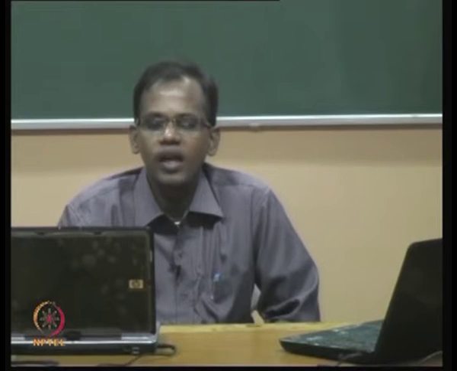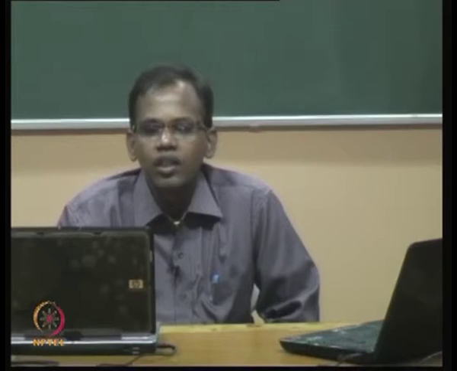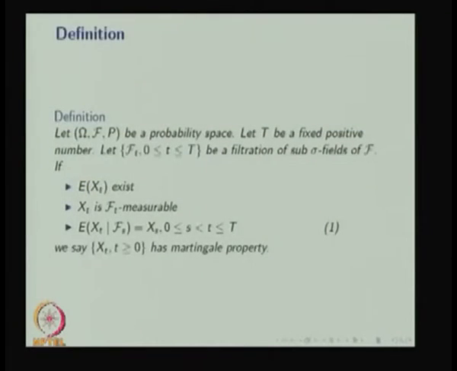For fixed t, it is a random variable. So that random variable satisfies the integrable property and the F_t measurable property, and the conditional expectation over the sub sigma field F_s, that is the filtration, is the same as the random variable X_s.